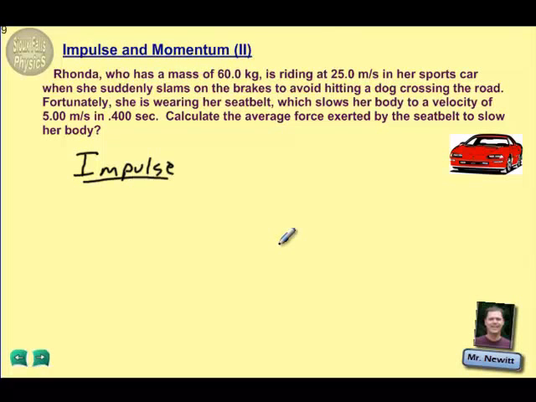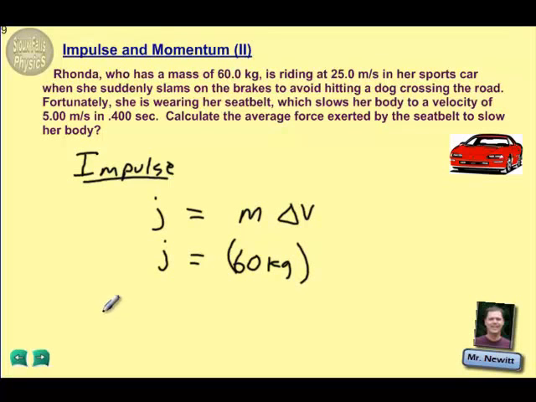The impulse, which is represented by J, is going to be equal to the mass of the object times the change in velocity. So our impulse is equal to her mass, which is 60 kilograms, times her change in velocity. She has a final velocity of 5 meters per second, and she started with a velocity of 25 meters per second, so I'm going to take 5 minus 25.